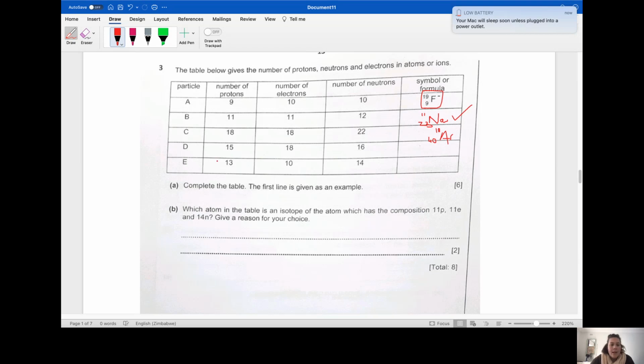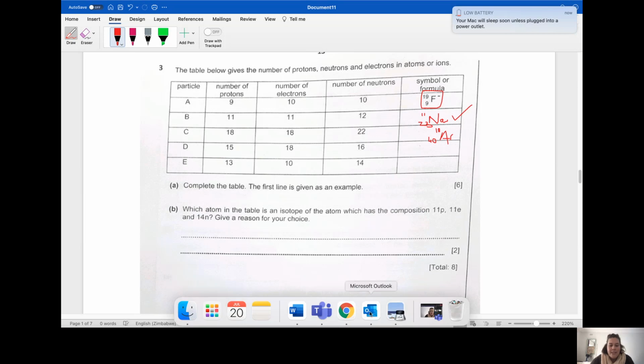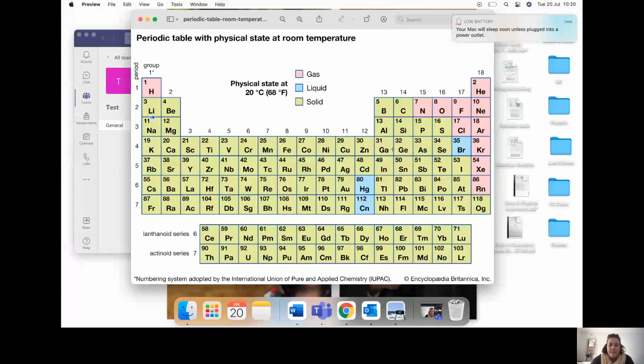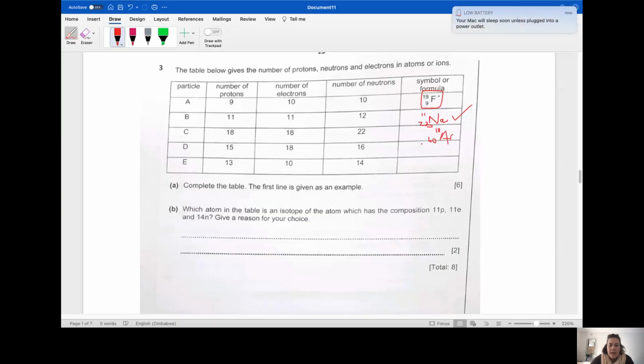Okay, right, D, what has 15 protons? 15 protons, go to your periodic table, it is phosphorus. Okay, so phosphorus has 15 protons. You can work out its neutrons and you get 31. Okay, so you got another mark for that.